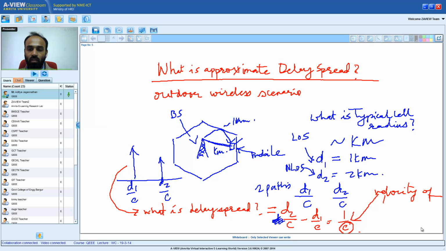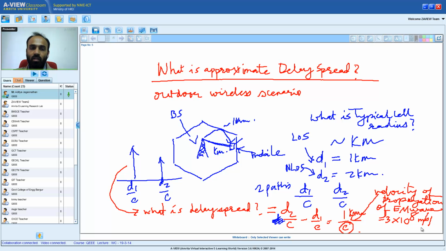This is the velocity of propagation of the EM wave, which is equal to 3 into 10 to the power of 8 meters per second. Therefore, what I have is d2 minus d1, that is 1 kilometer, divided by c.